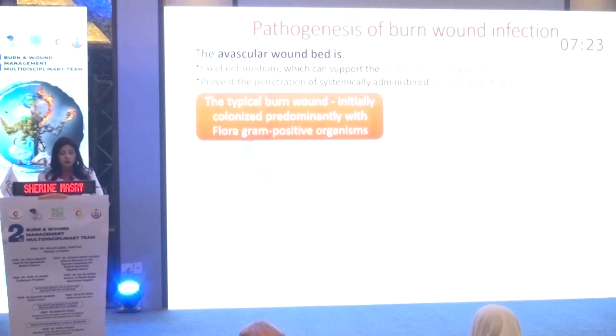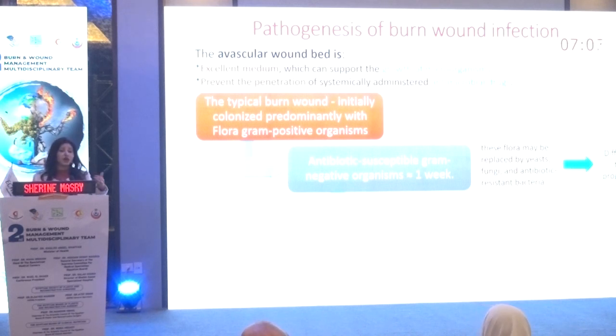First, the burn wound becomes colonized with gram-positive flora, followed in about 1 week by gram-negative organisms from our hospital environment and disinfectants used. And in our hospital environment, we suffer from multi-drug-resistant organisms, so they are transferred to the patient and make the infection progressive and difficult to treat.